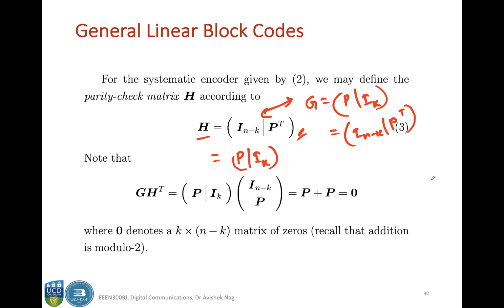So if your G is like this, then your parity check matrix is like this, and if you do G times H transpose, then you get 0. Okay. Where this bold 0 denotes a k cross n minus k matrix of all zeros. So that's why this G and H are complementary. If your G is of this form, then H is of this form. If your G is of this form, then H is of this form.